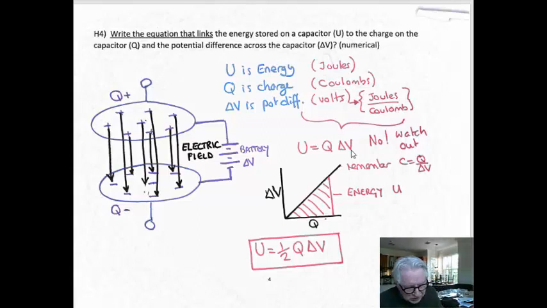Joules per coulomb works: your energy equals your volts times your charge. But this is not that case.